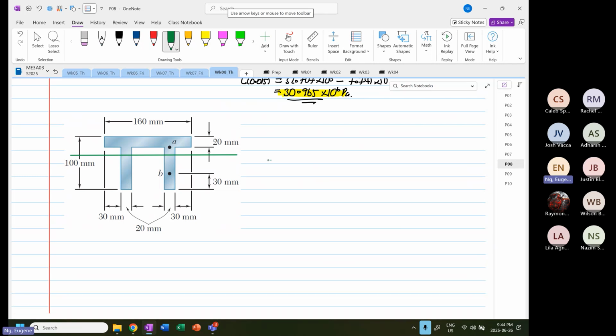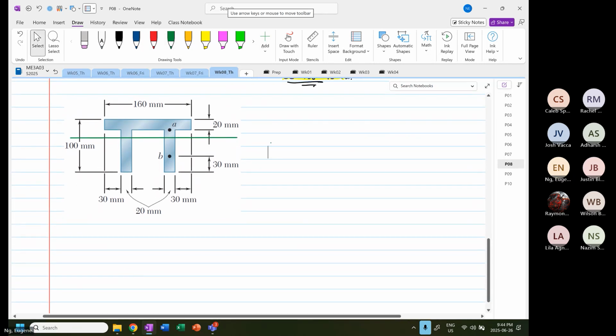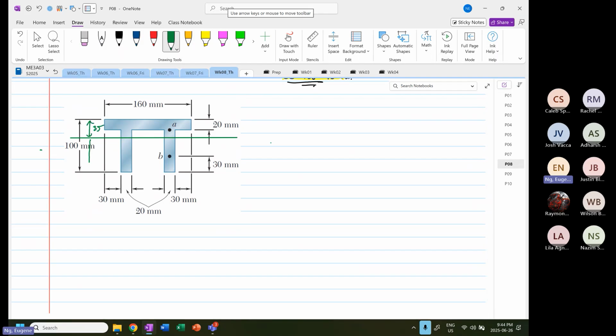We know that this distance over here is 35, and this distance now is 65. What if now we derive based on the shaded region over here? From here to here, this is our y, and over here, this is our y bar. Let's see what equation we get.